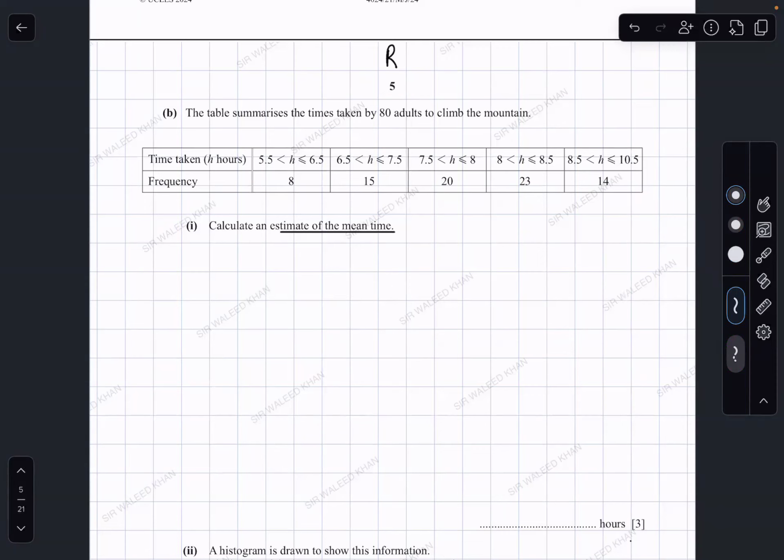Wait, let me fix this. Can you see the screen? No.